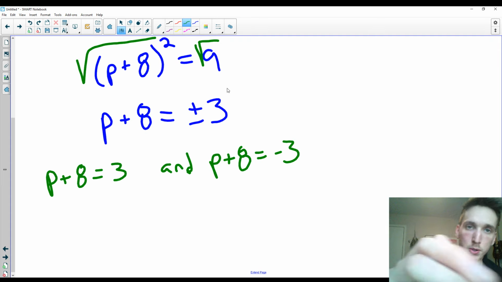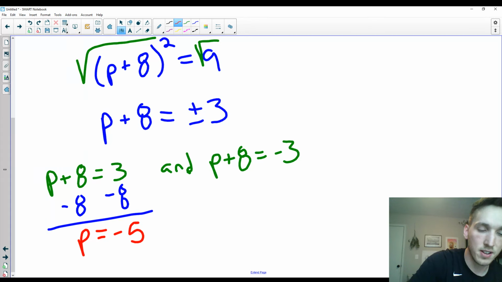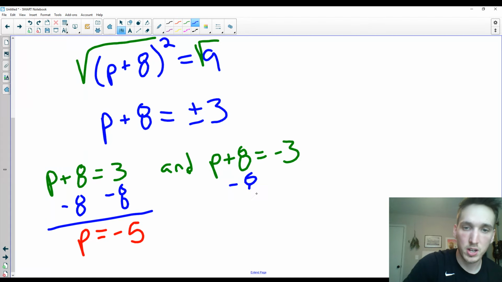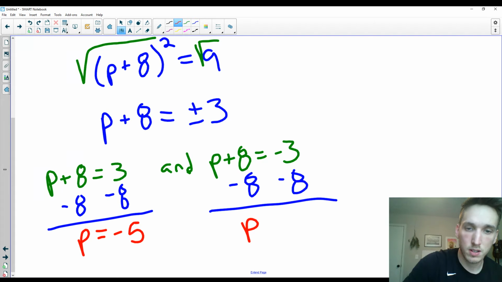Now, solve both equations. Subtract 8 from both sides. For this left equation, I got p equals negative 5. And for this right equation, I have p equals negative 11.